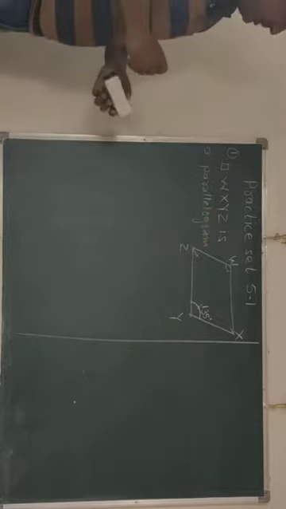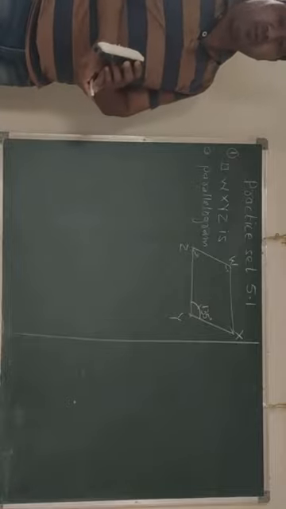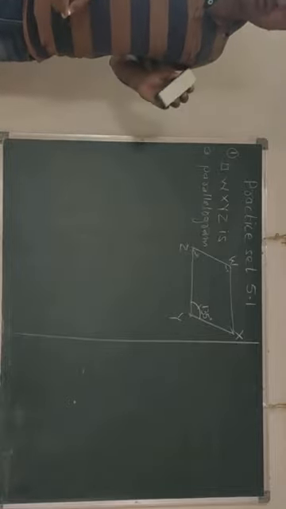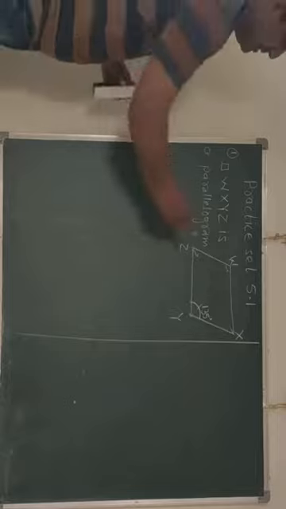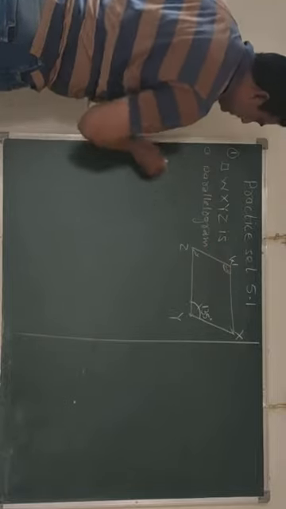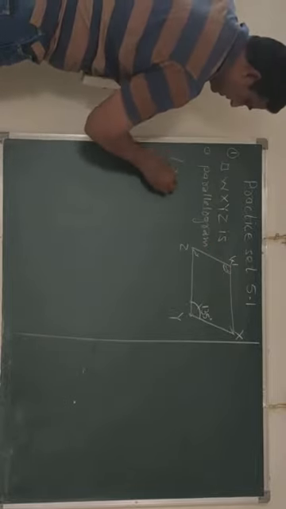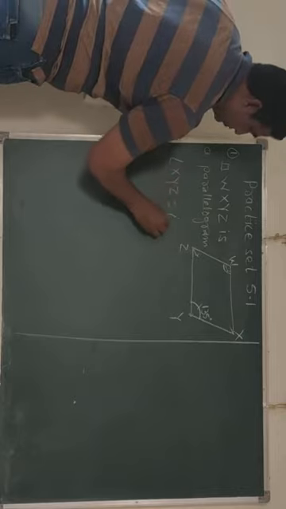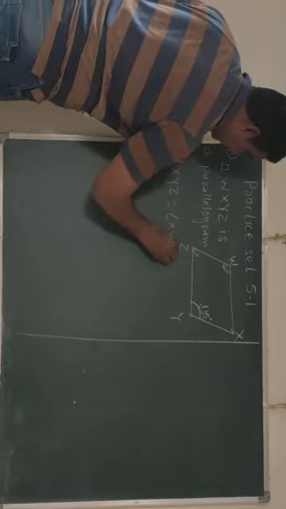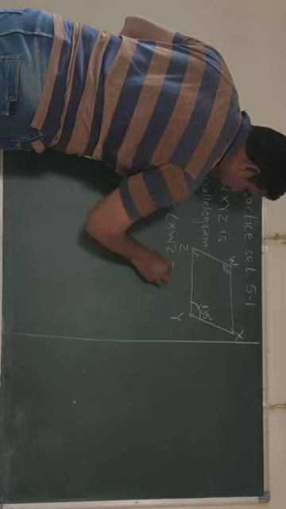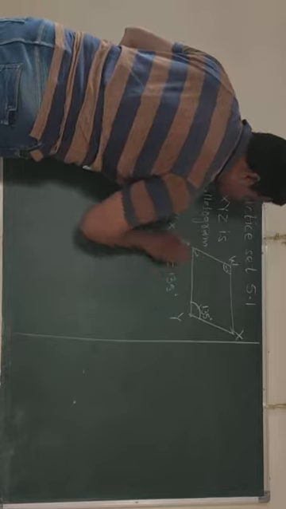And as we have studied the property of parallelogram, opposite angles of parallelogram are equal. So this angle is equal to this angle. Therefore angle XYZ equal to angle XWZ, and as it is 135, this angle is also 135.